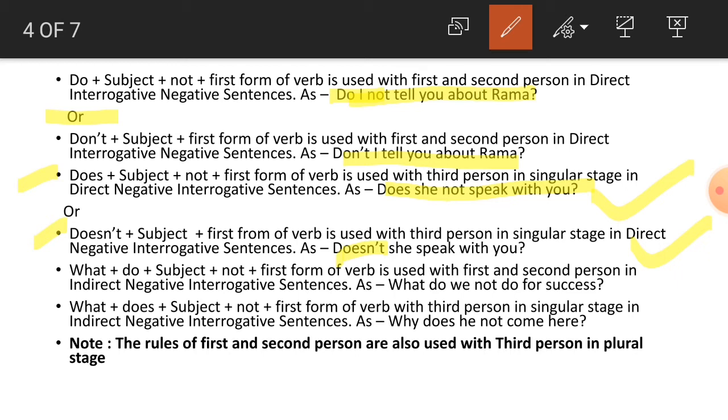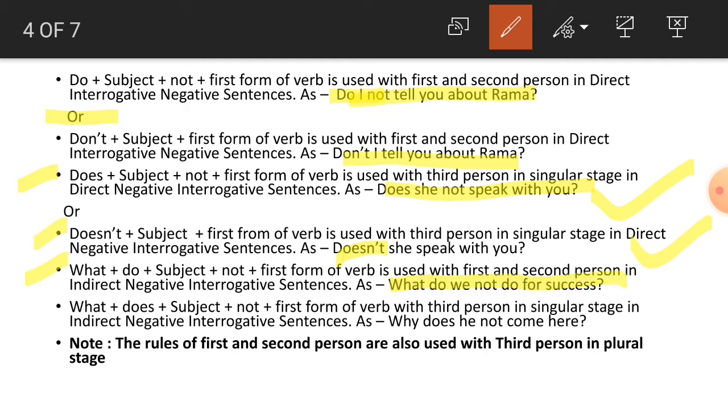Next, what plus do plus subject plus not plus first form of verb is used with first and second person in indirect negative interrogative sentences. It means sentences are the reflection of interrogative, but there is negativity. What do we not do for success?